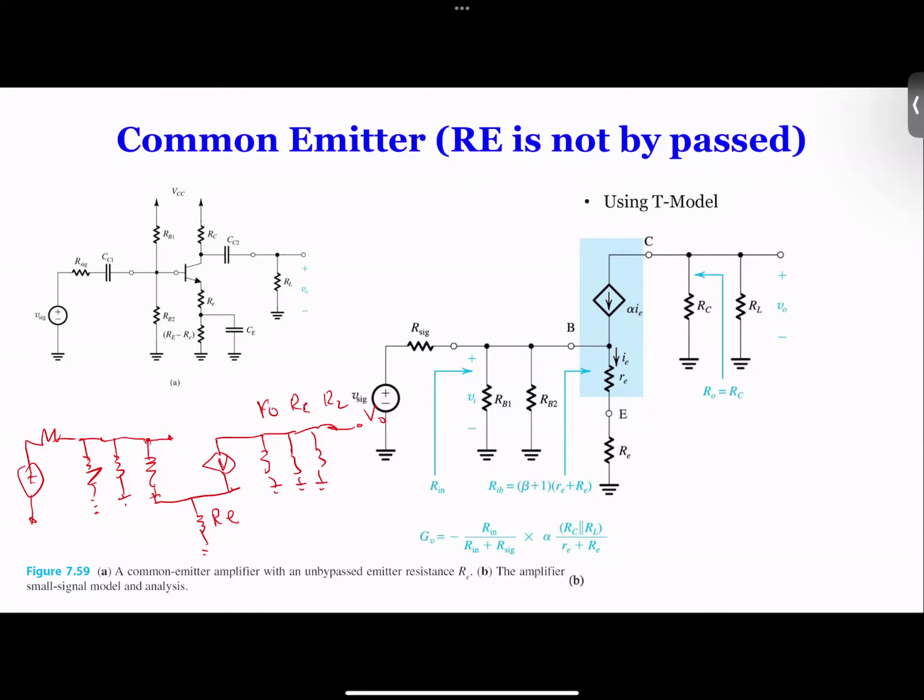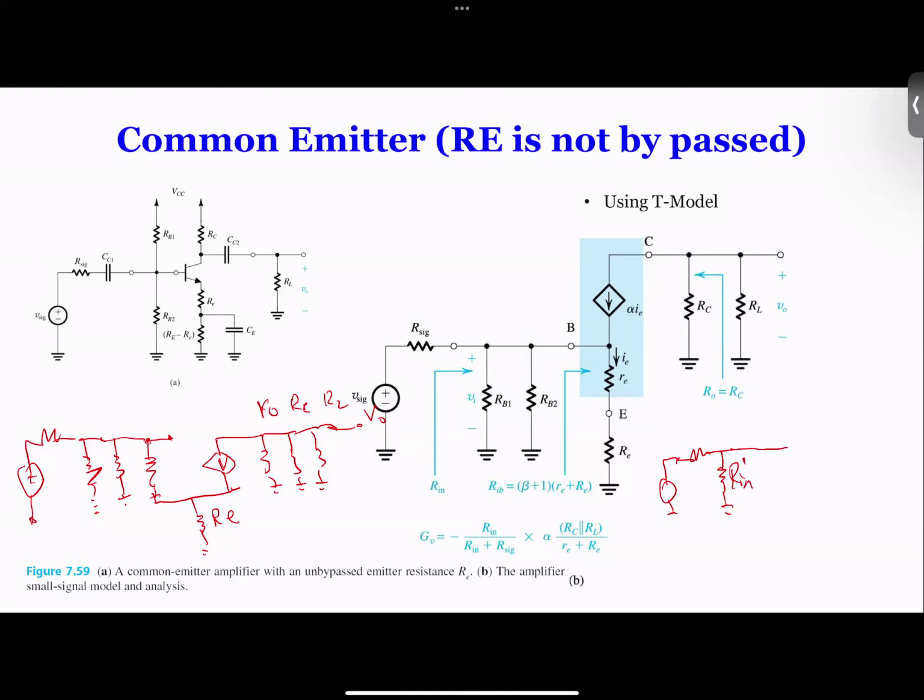Once they're in parallel, you can simply merge all of these into one resistance. So basically, we can draw the equivalent circuit over here like this. Let's call it R in prime.